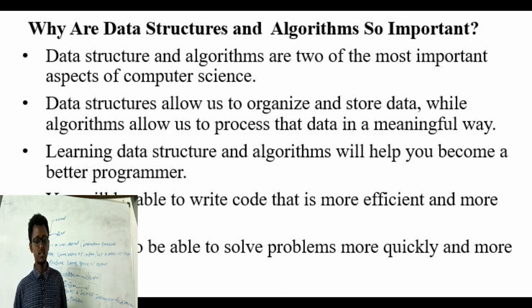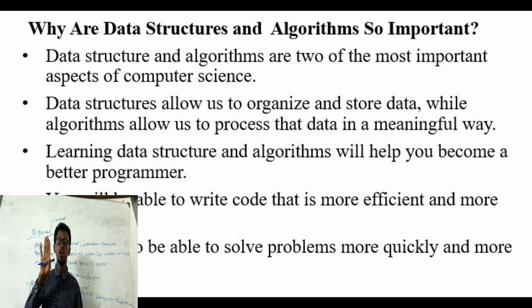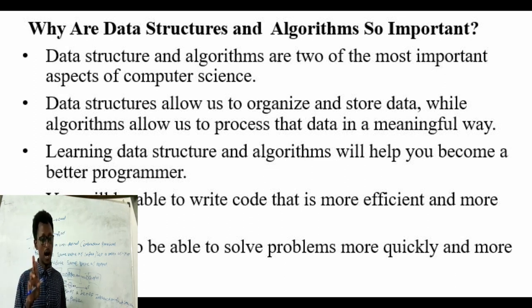The first one is that data structures and algorithms are two of the most crucial aspects or resources in a computing environment. They are two important concepts in computer science and related computing disciplines.